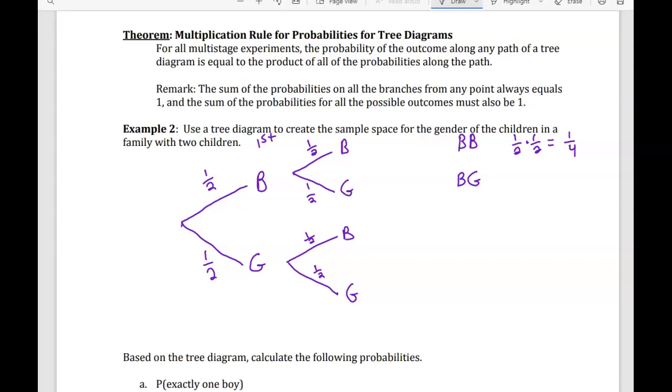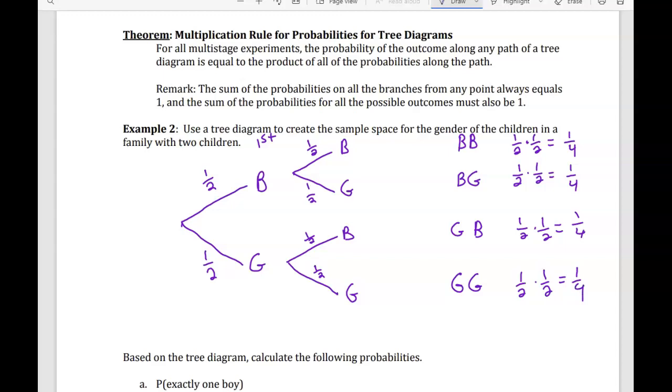Again, that's 1/2 and 1/2, which would give me a 1/4 again. I could have a girl and then a boy, which would be 1/2 times 1/2, which would be 1/4. Or I could have 2 girls, 1/2 times 1/2 equals 1/4.